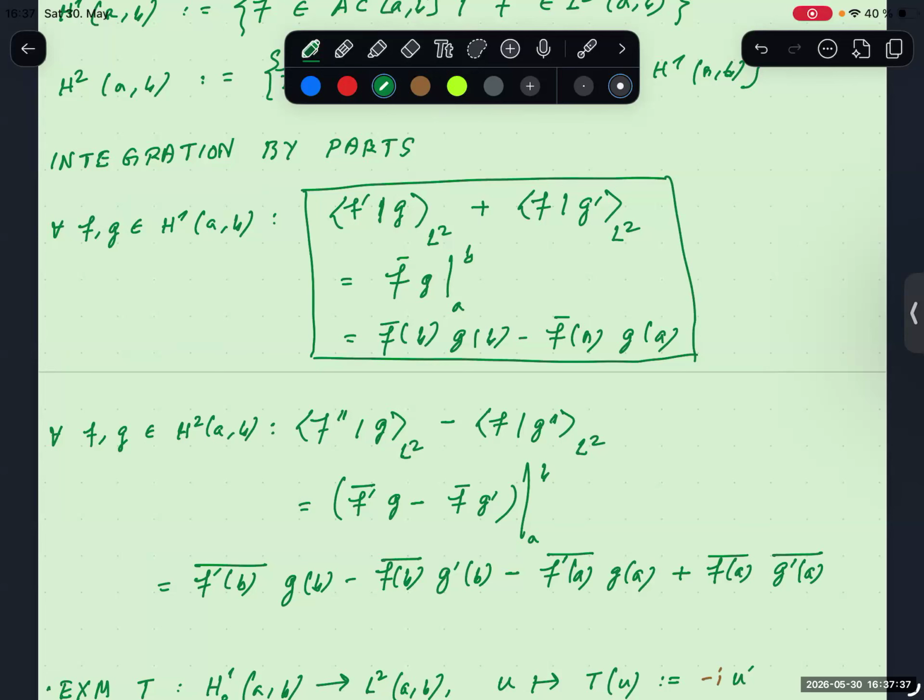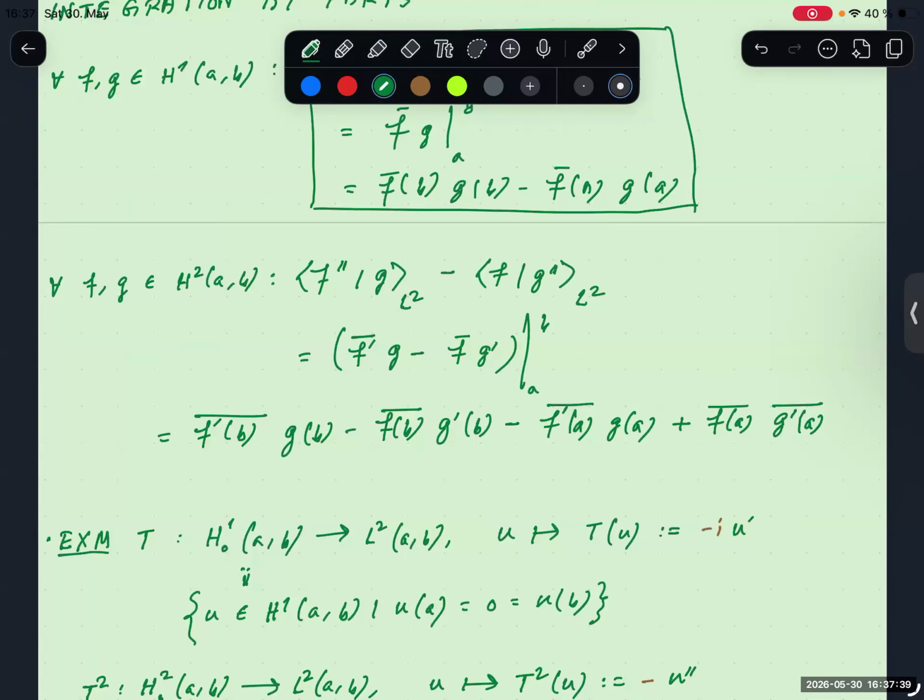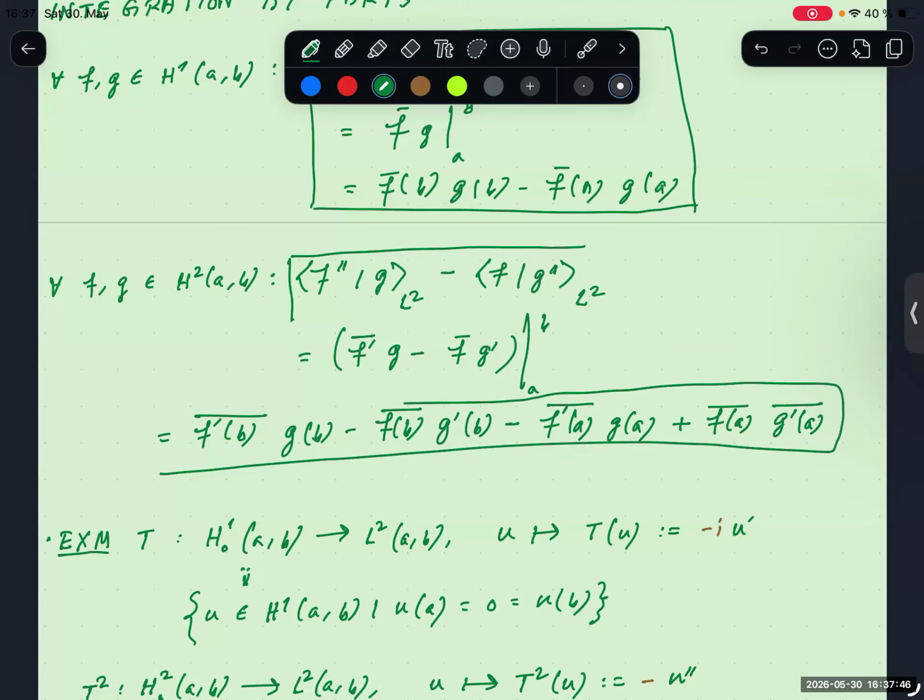Okay, just observe this formula, and later we will also use this one, so we box it also.